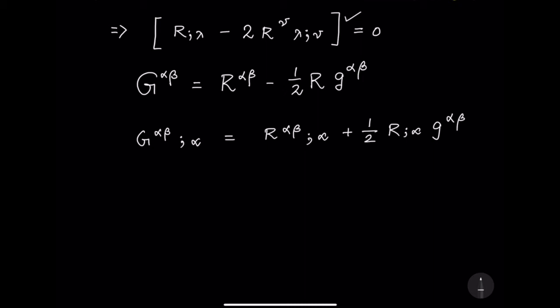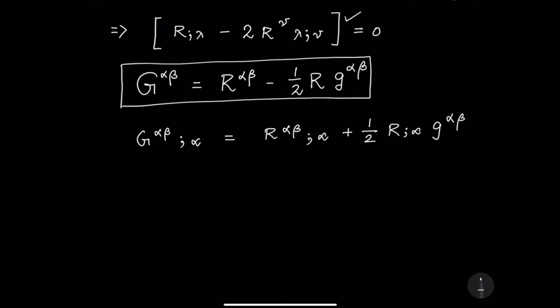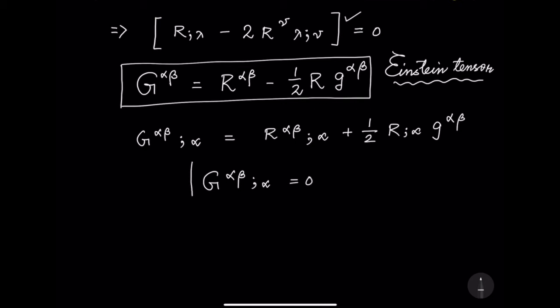So first we get this tensor, and this is the famous celebrated Einstein's tensor. And we also realized this is equal to 0. This is also sometimes called the Bianchi identity.